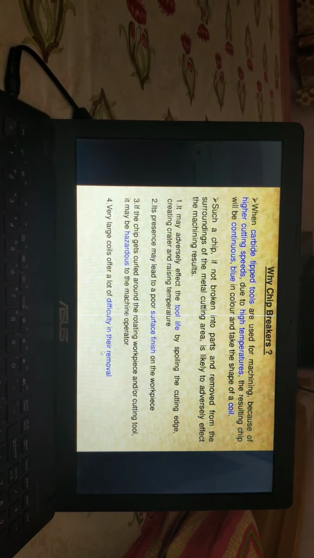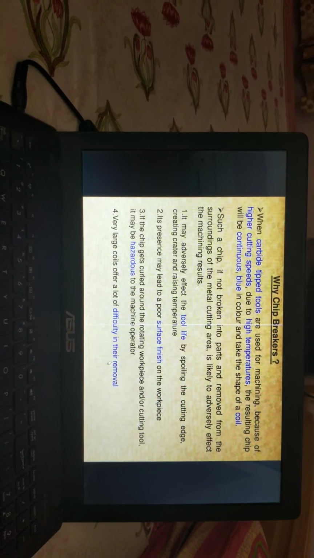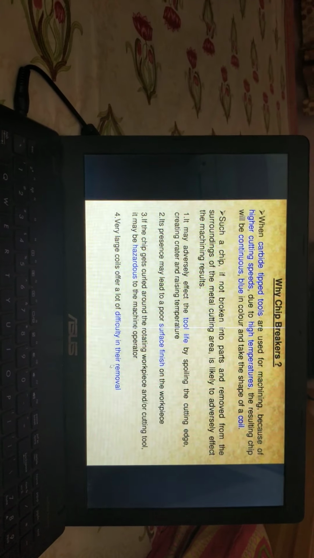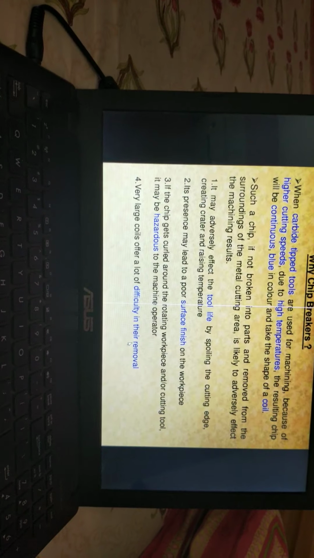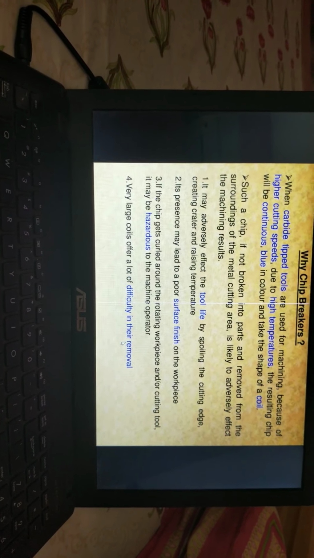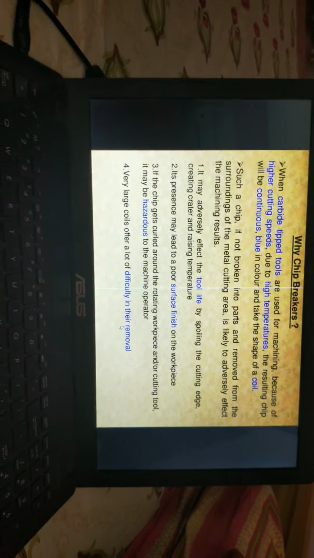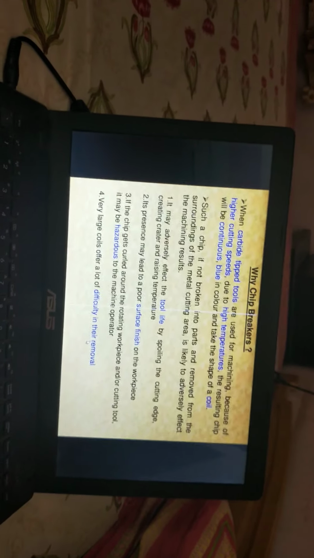It may adversely affect the tool life by spoiling the cutting edge, creating a crater and raising the temperature. Its presence may lead to poor surface finish. If the chip gets curled around the rotating workpiece or the cutting tool, it is hazardous to the machine operators. Very large coils offer a lot of difficulty in their removal.